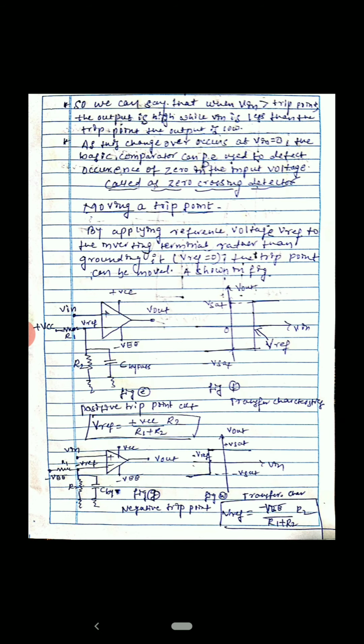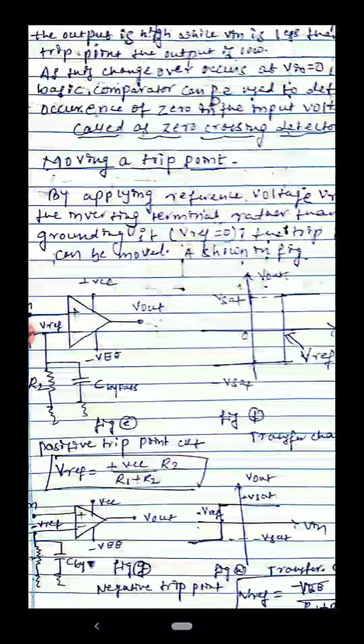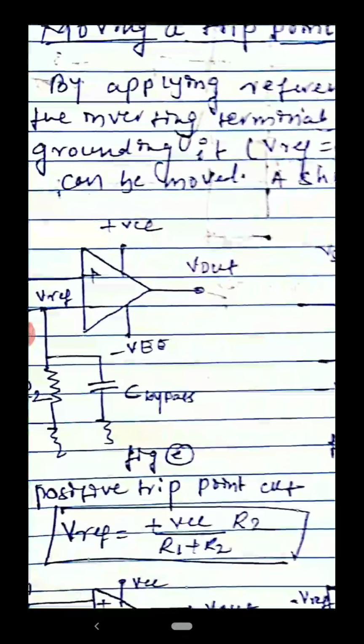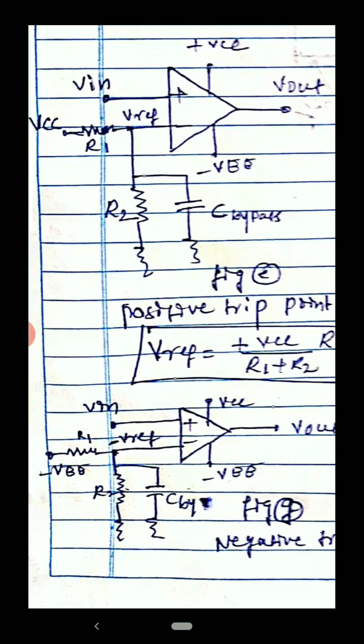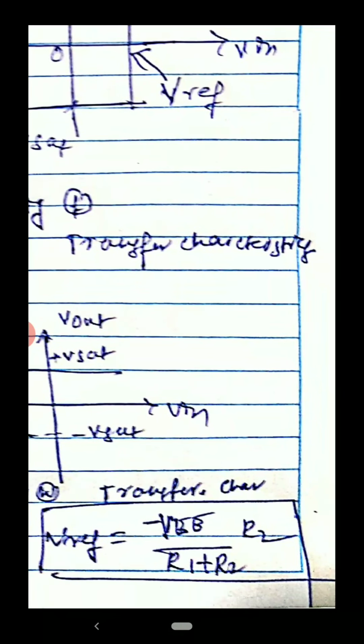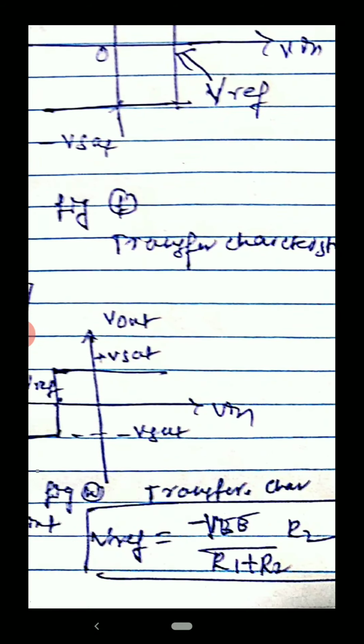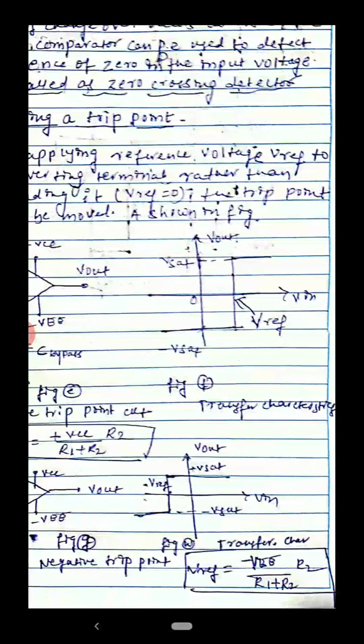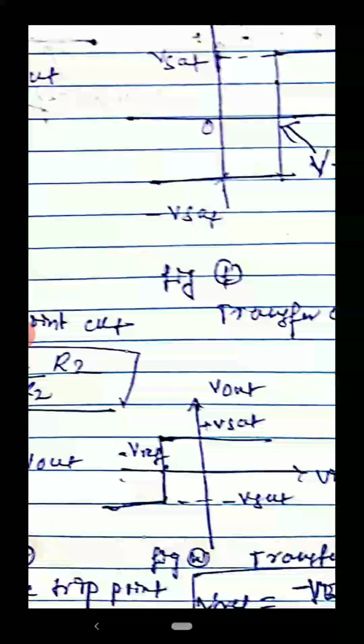Okay, similarly you can do it in the negative side also. How? Give a minus VEE instead of VCC. So your equation becomes V reference is equal to minus VEE divided by R1 plus R2, into R2. So now what happens? Now look at the transfer characteristic.